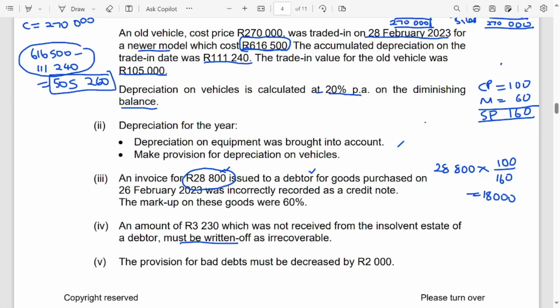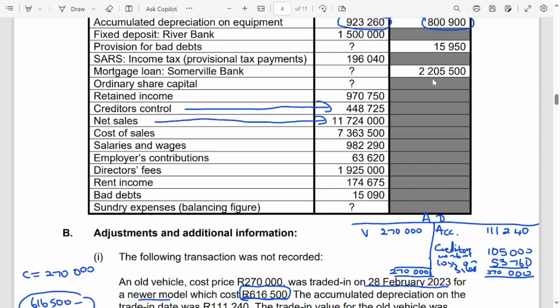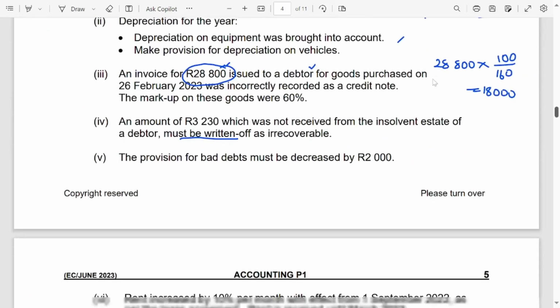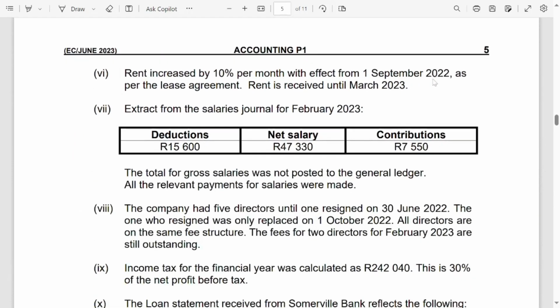Right? So let's continue. The rent increased by 10% per month with effect from the 1st of September 2022 as per the lease agreement. Rent is received until March 2023. So how much is the rent?